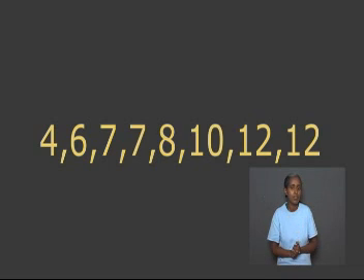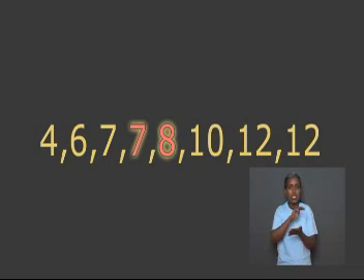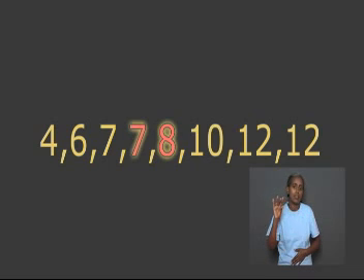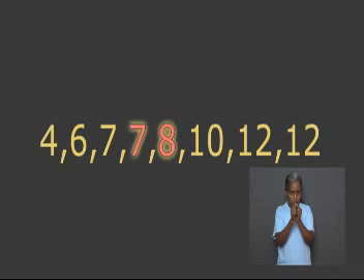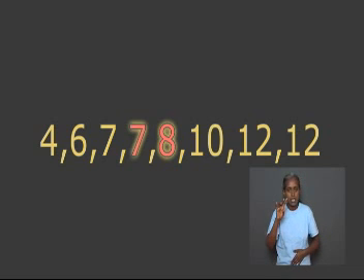There is no real middle value. The 2 values around the middle are 7 and 8. If we add these together and divide by 2, we find that the median is 7.5.